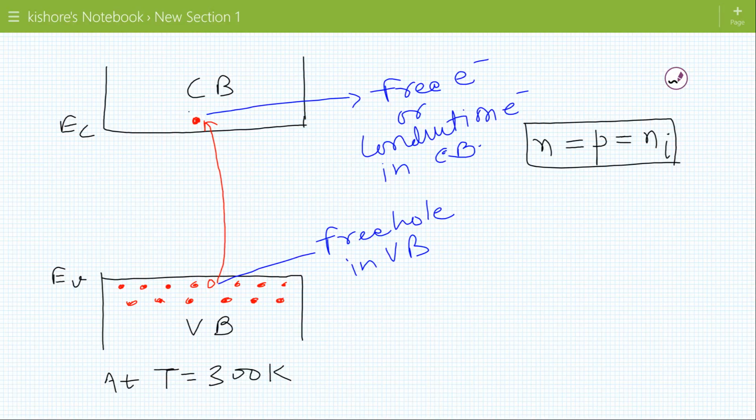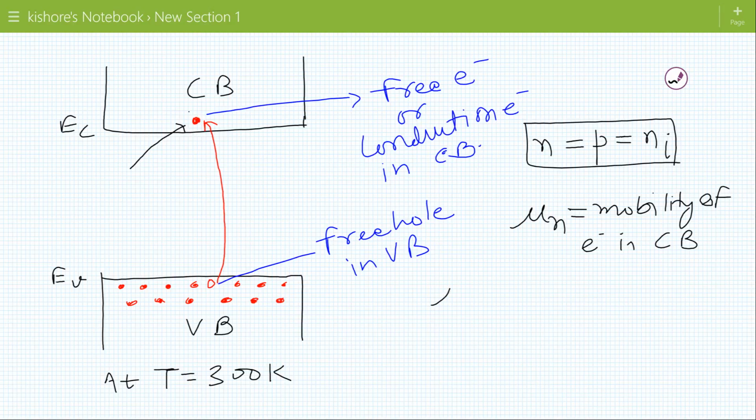One more thing we can see here is that in the conduction band, this free electron is not surrounded by any other charged particle. Mu n is the mobility of electrons in the conduction band, and mu p is the mobility of holes in the valence band.